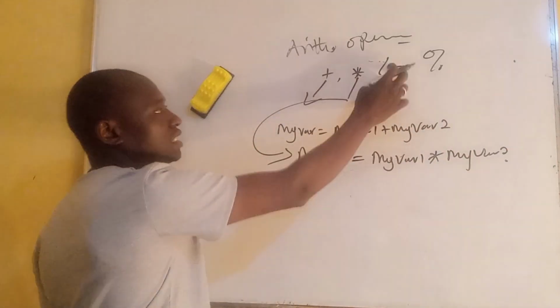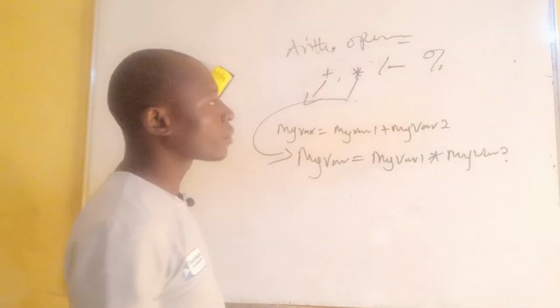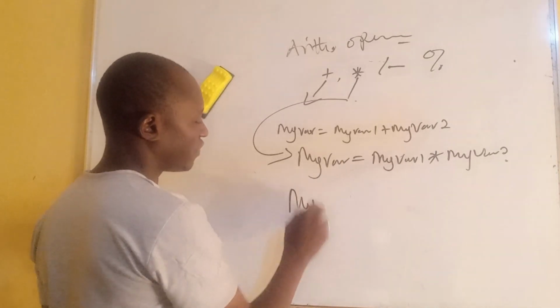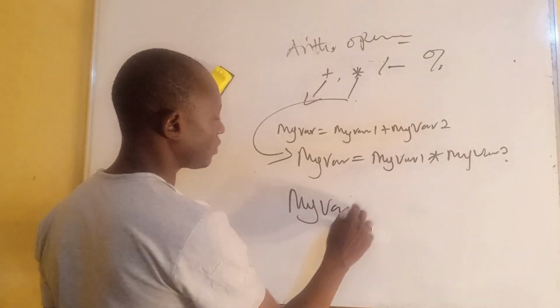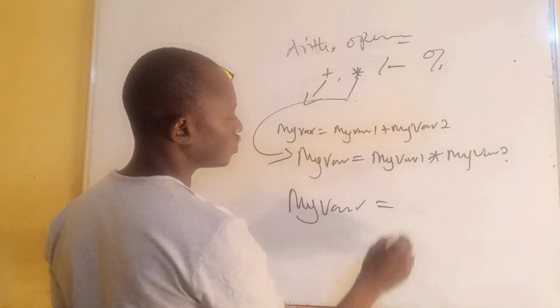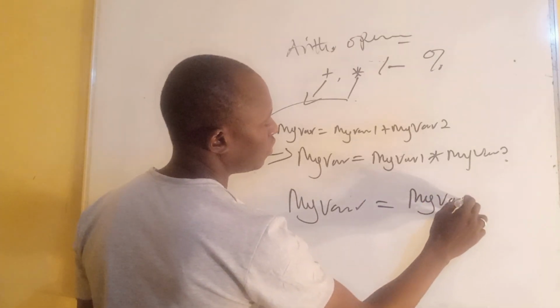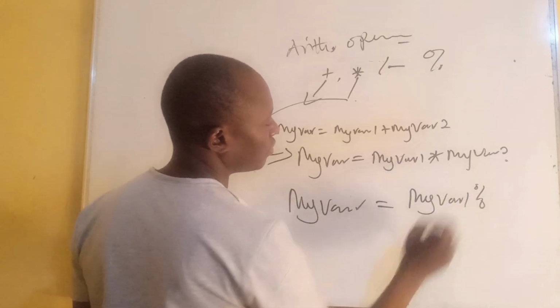That's it, the same thing here. The only thing is this modular. The modular here is, assuming myVar is equals to myVar1 modular myVar2.